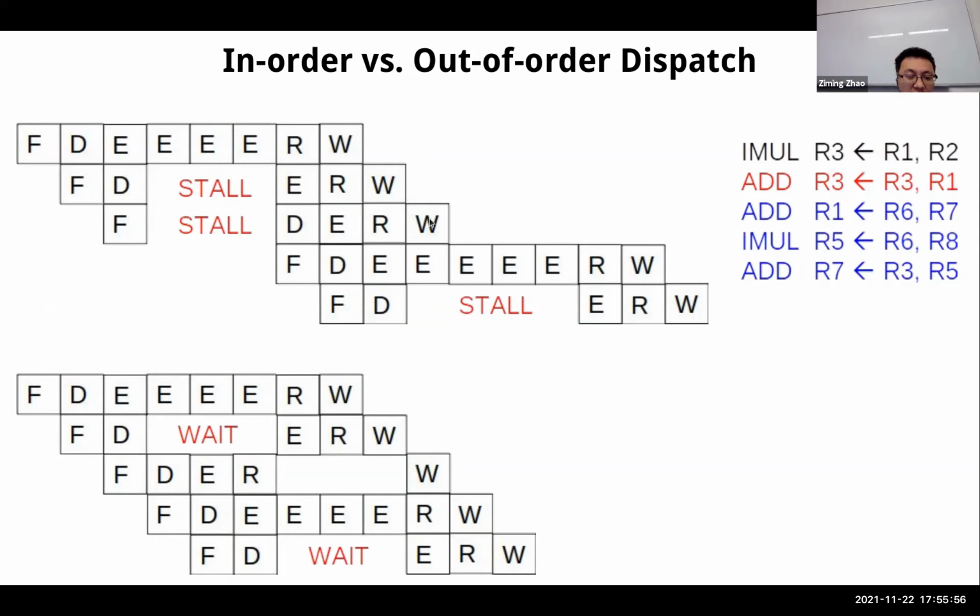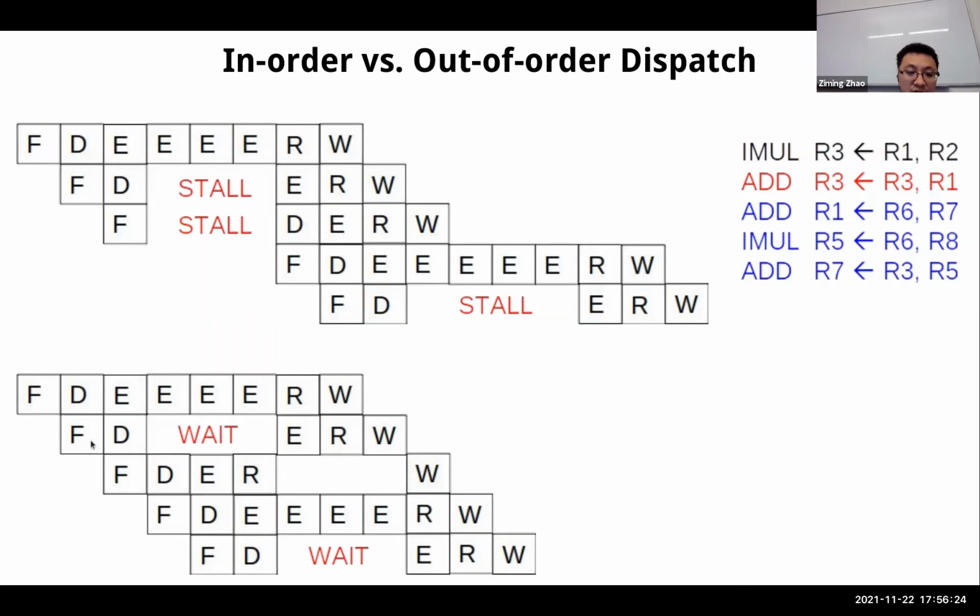However, what we can do is use out of order execution, and in out of order execution, we assume we have multiple execution units. You can see here we only have one execution unit at any time point, and only one fetch unit is being used. However, in out of order, the first instruction is the same.